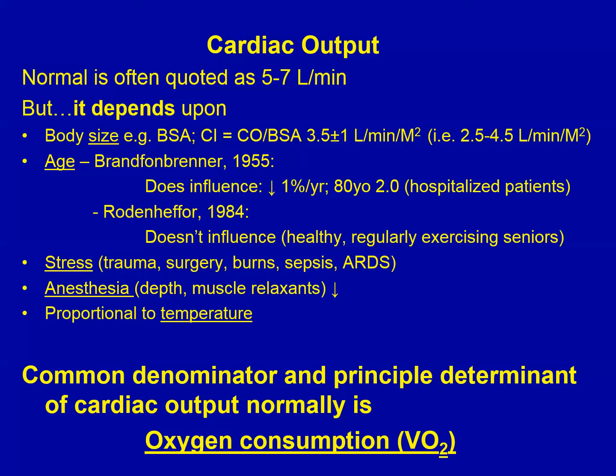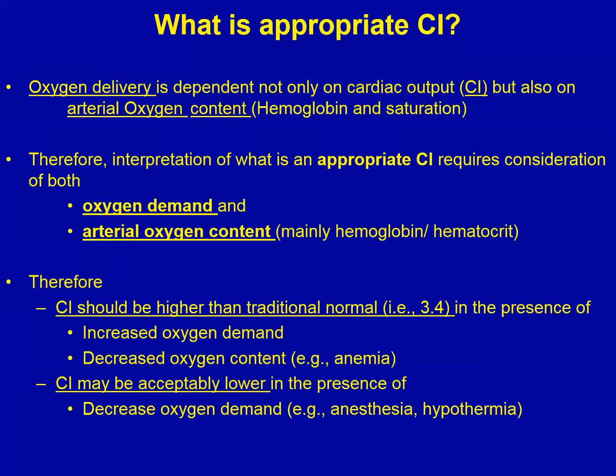And the normal cardiac index is between 2.5 and 4.5 liters per minute per meter squared. However, even that number varies depending on patient's age, their stress state, anesthesia, and their temperature. The common denominator and principal determinant of cardiac output is oxygen consumption.